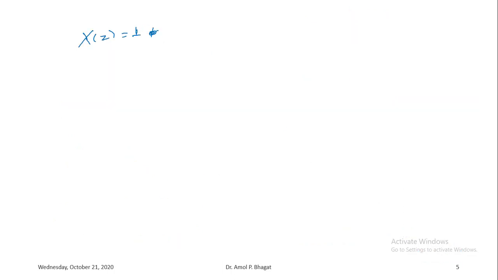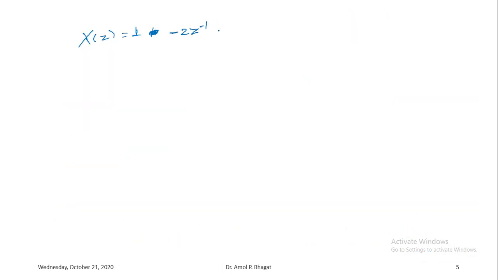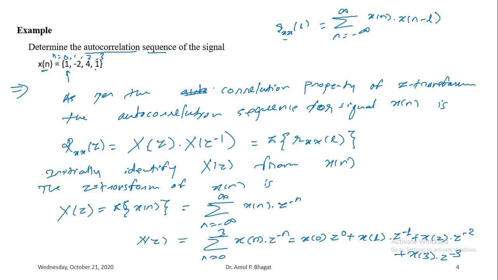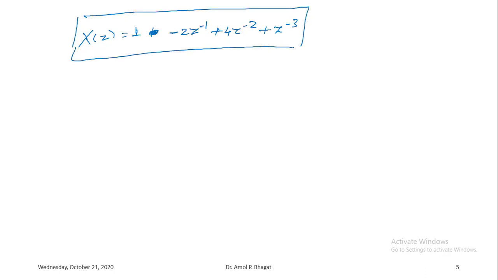So it will be 1 minus 2 z inverse, then plus 4z to the power minus 2, and then the last value is 1, so 1 multiplied by z to the power minus 3. So this is the required x of z, that is 1 minus 2z inverse plus 4z to the power minus 2 plus z to the power minus 3.